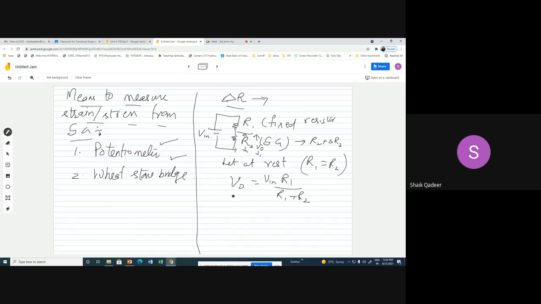So in order to measure a small variation in V out due to a small variation in R2, what we will do is differentiate V naught with respect to R2. Is it clear to everybody?